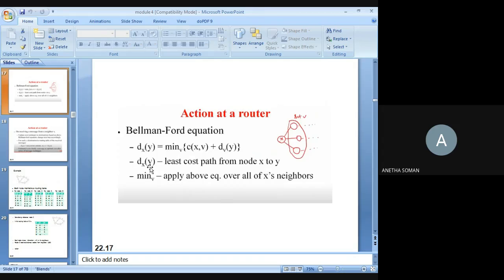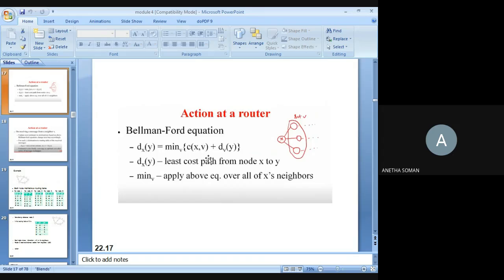So dx(y) is the least cost path from the source node x to the destination node y. Now, what is the equation for that? This is equal to the minimum of c(x,v) + dv(y).